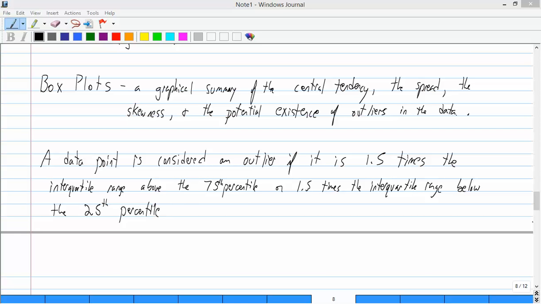Let's see if I can find this figure in your ebook real quick. This is around page 144 of your ebook, if you want to know what a box plot looks like.